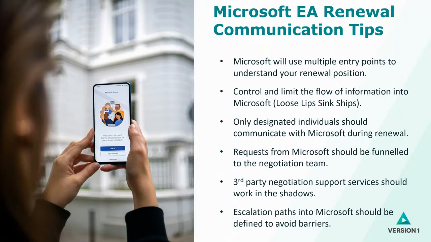Coming back to that concept of understanding all of your stakeholders within that virtual team within Microsoft, if there is a risk that at a certain point concessions may appear not to be achievable, perhaps it's at that point that you have that executive sponsor called upon to engage with their equivalents in Microsoft to help break down any barriers that may exist in terms of concessions being asked for or discounts that we're seeking to attain.